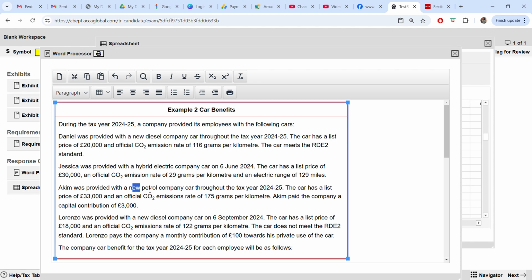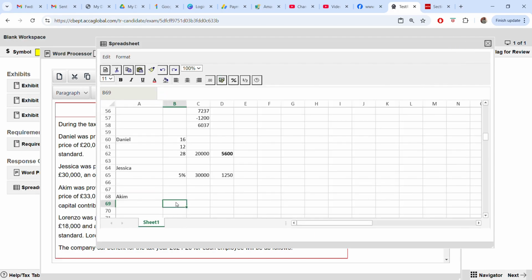This is a new petrol car. List price is 33. CO2 is 175. Already it is 175. You don't have to round up or down. Capital contribution is paid. So you have to deduct from the list price 33. You have to deduct 3,000 because it's less than 5,000. So for Akeem, remember it's 175, right?